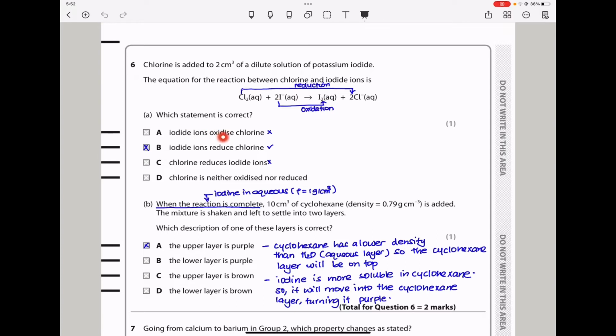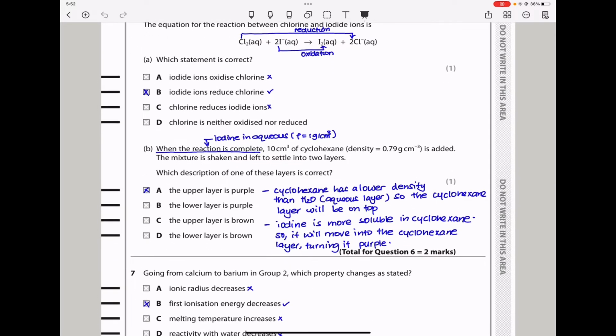A. Iodide ions oxidize chlorine. That is wrong, because iodide ions are the ones that were oxidized, so they cause the reduction of chlorine. And B. Iodide ions reduce chlorine. That is true, because chlorine was reduced, therefore iodide ions acted as reducing agents. So the answer should be B. Moving on to part B.